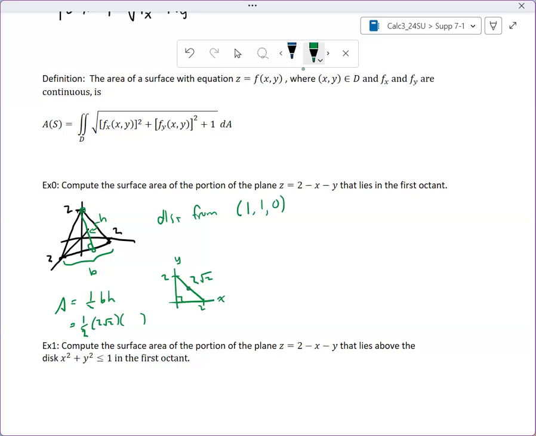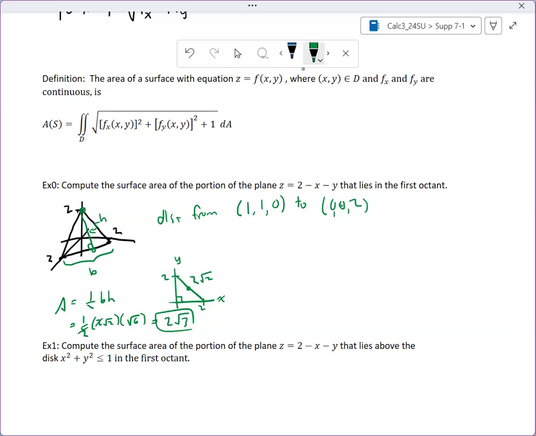That's just this midpoint here, where x and y are both 1, to the point 0, 0, 2. And nicely enough, this is an easy distance to do. I get 1 squared plus 1 squared plus 2 squared, that's 6, and then the square root of 6 times 2. I get the square root of 12, or 2 square root of 3.